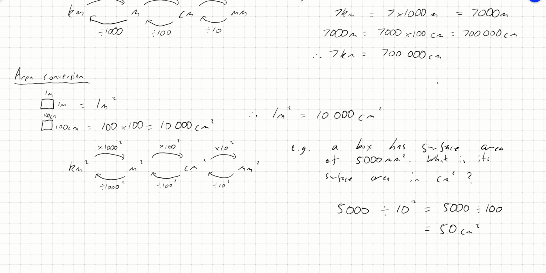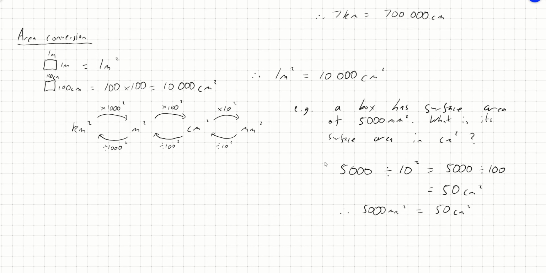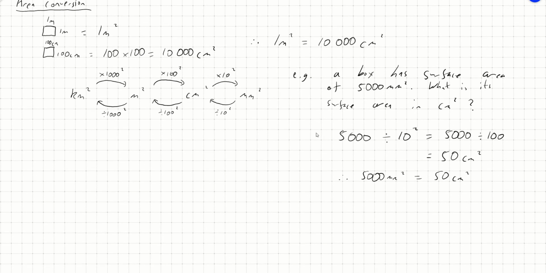So 5,000 millimeters squared is equal to 50 centimeters squared. From millimeters squared to centimeters squared, we have to divide by 10 squared. And actually, this pattern is the same for volume. So if we have to do a volume conversion, we're going to use the same idea.